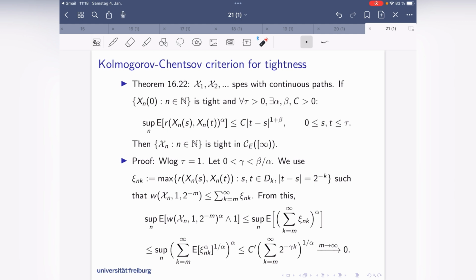The alpha norm of this thing here, well, I can exchange expectation and sum at the expense of writing the norm, the alpha norm, inside of this.